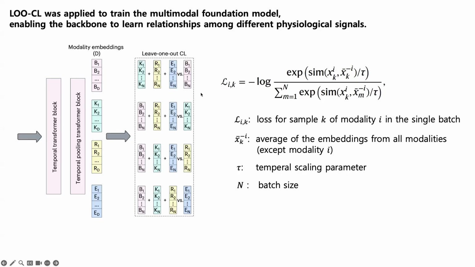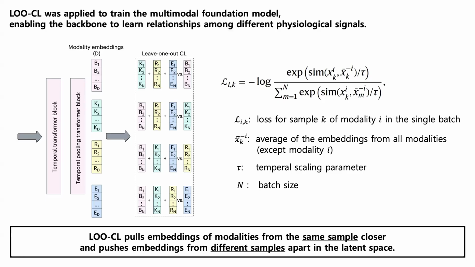They accept one modality and then merge the other modalities by average sum, and then they compare to each other to calculate the loss function. Okay, so in conclusion, this contrastive learning pulls embeddings of the modalities from the same samples closer and pushes the embeddings from different samples apart in a latent space to train this kind of embedding model or embedding layer.